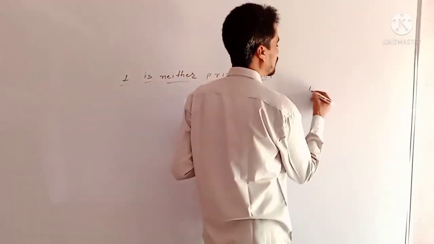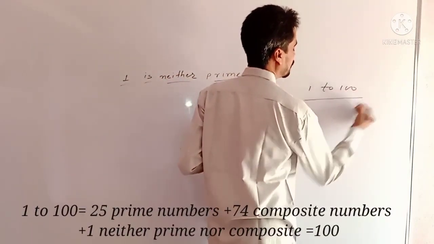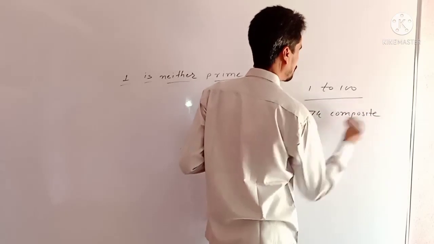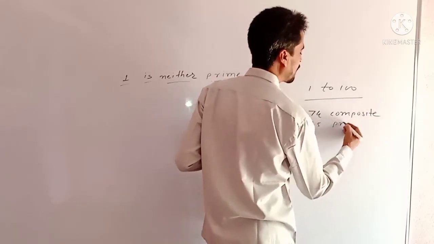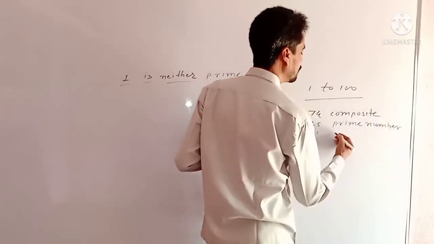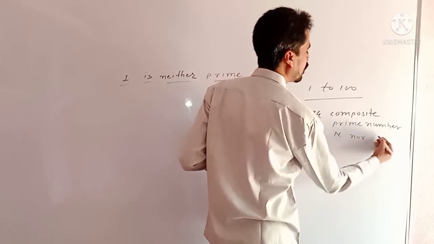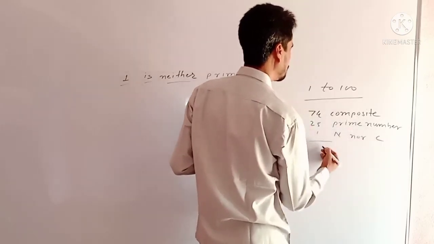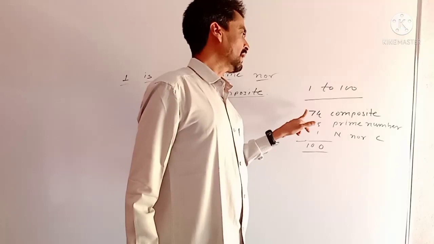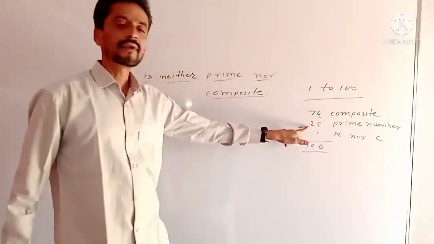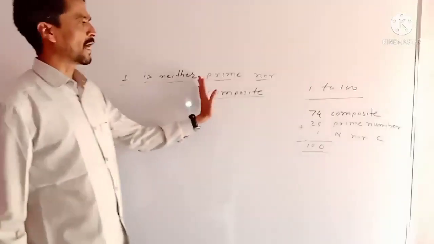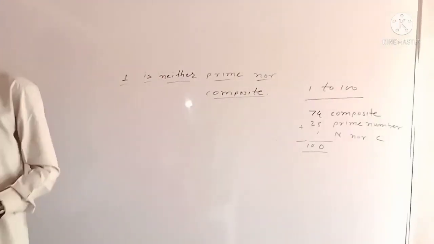So, when we consider the numbers from 1 to 100, in total we got 74 composite numbers, 25 prime numbers, and one that is neither prime nor composite. Total how many? 100. One is neither prime nor composite.